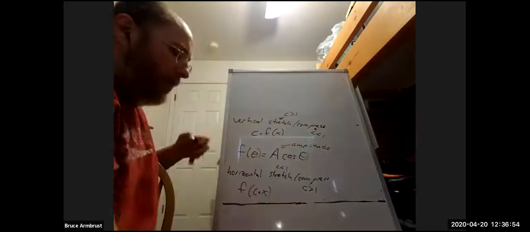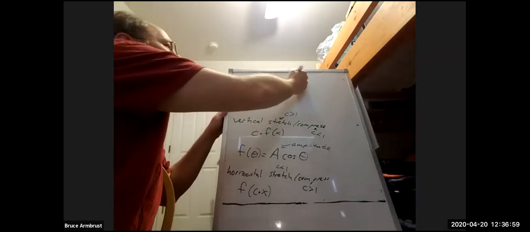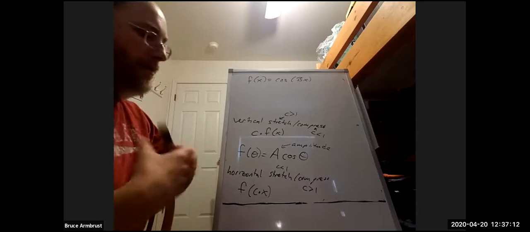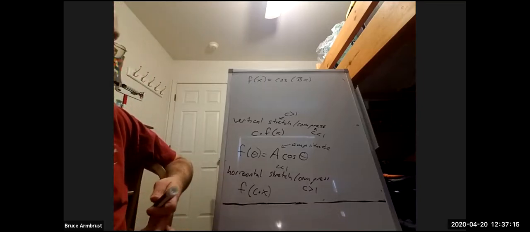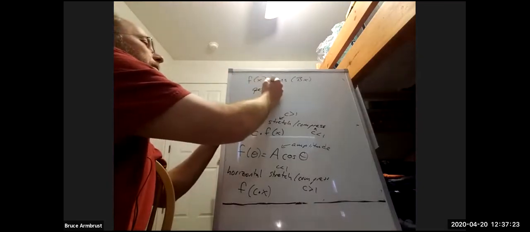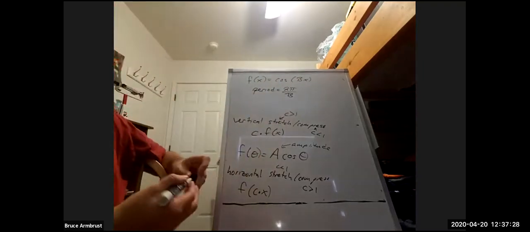So in terms of our function, where we would see that is if I were to write cosine of b times x. And the way that this works in terms of the period is we're going to stretch or compress by that value b. But since it's opposite, it turns out that the period is equal to 2 pi divided by b.